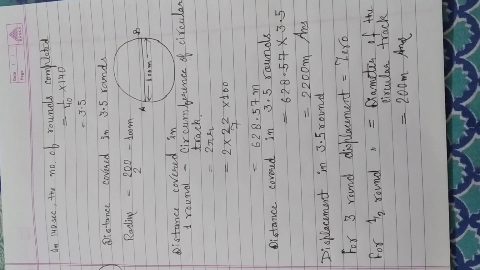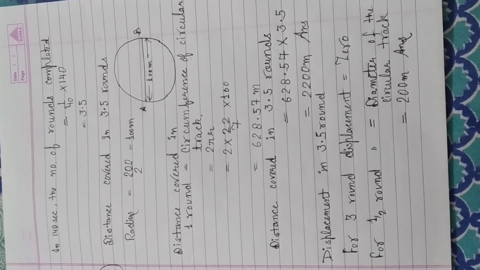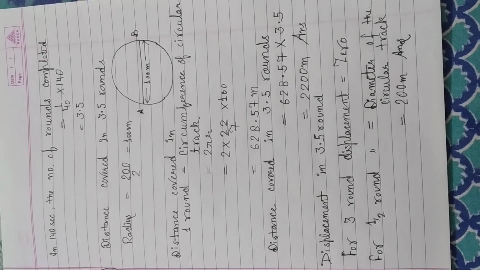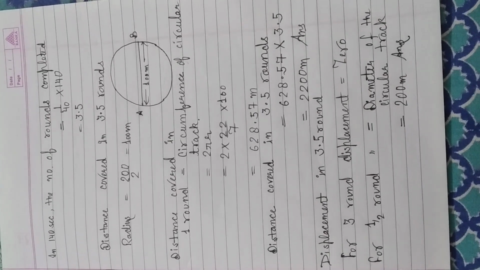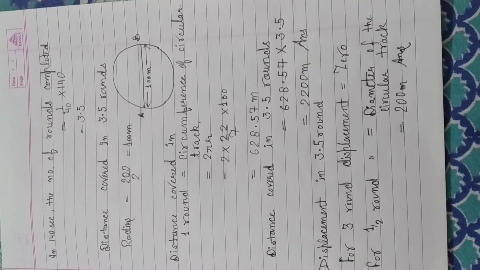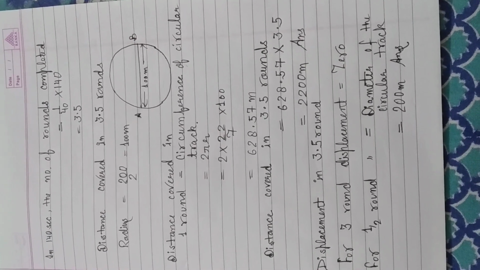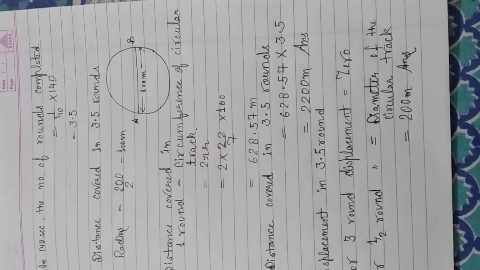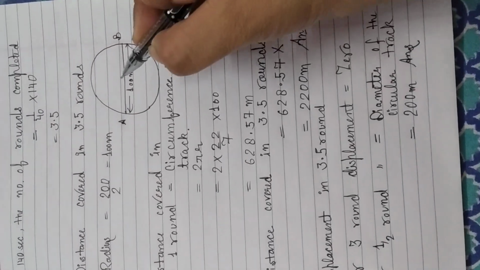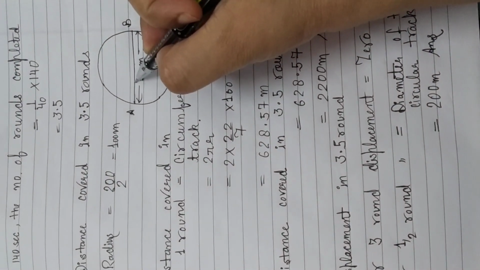And for the half round, the shortest distance between the initial and final position will be equal to AB, which is the diameter of the circular track. So for the half round, the diameter of the circular track will be equal to 200 meter, which is already given in the question. Sorry, by mistake 100 is written here, it should be 200.